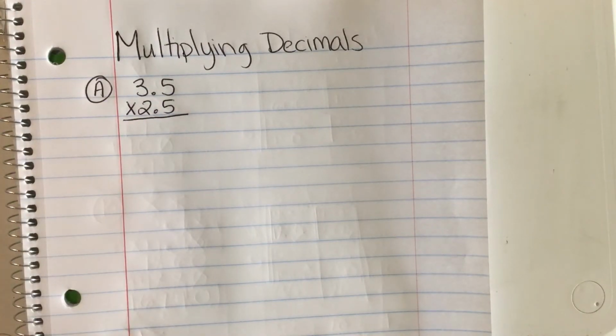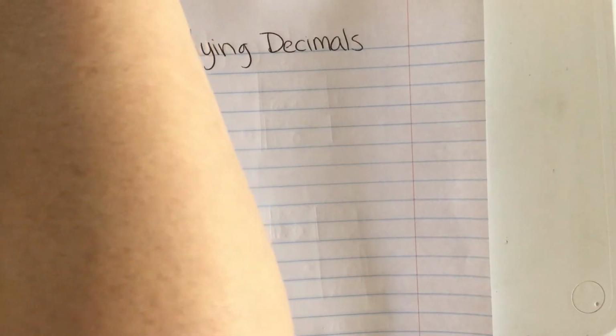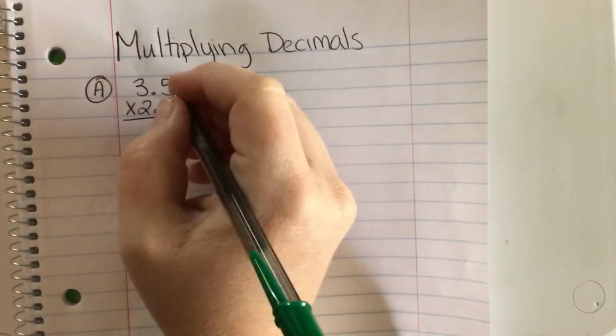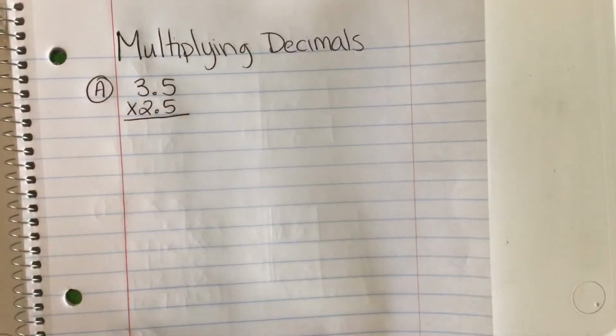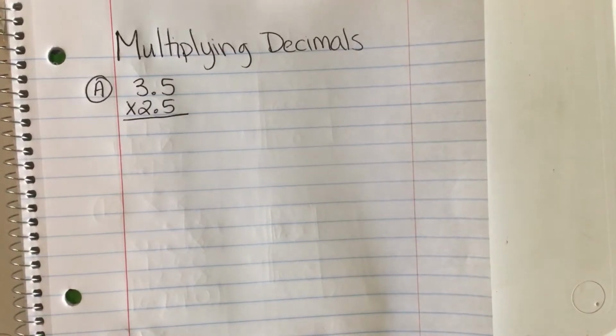And I'll explain a little bit more of that as we go through. So we're going to pretend that this is just 35 times 25 right now. We aren't going to remember those decimals until the very, very end in our very last step. Up until that point, everything else is going to be exactly the same as multiplying whole numbers. Okay?